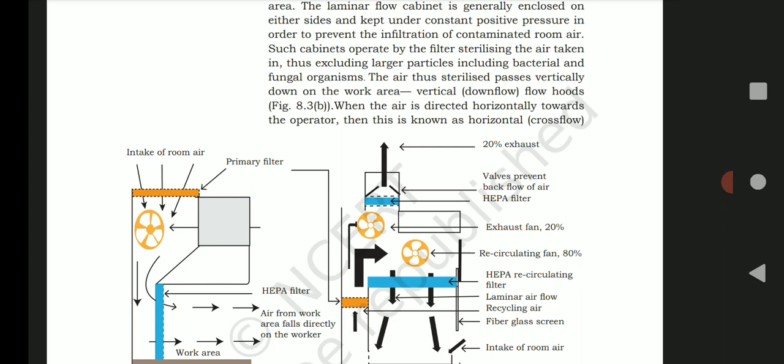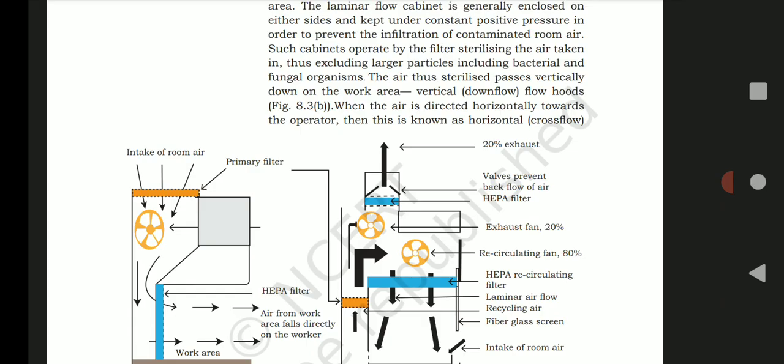In the same manner, the horizontal flow will be there. Whereas in a vertical laminar flow chamber, the air enters from the top and flows through the working area of the chamber. It is filtered by the HEPA filter during the inlet, whether it is horizontal or vertical.